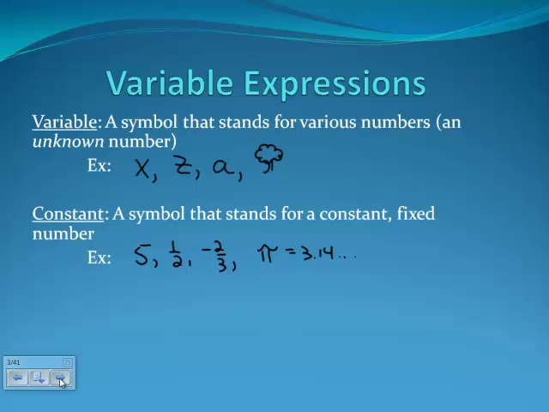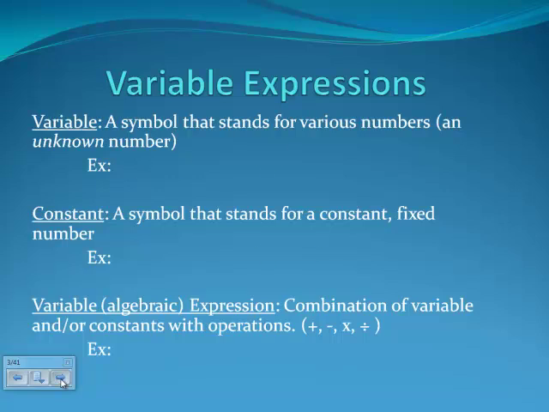It always is the same number, but because that decimal doesn't stop and it doesn't repeat, mathematicians decided to give it a symbol so that it was easier to refer to and you didn't have to have rounding error every time that you talked about it. And so they did come up with a symbol for that constant. So it's not just numbers that are constants.